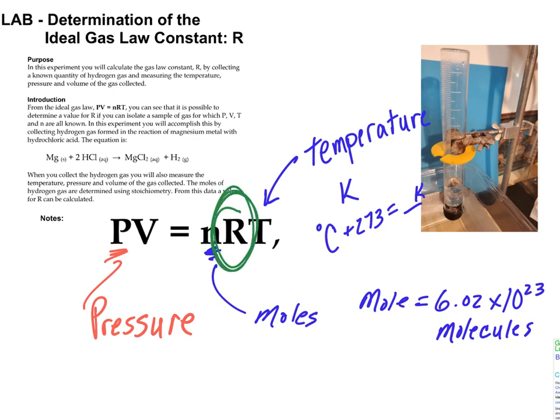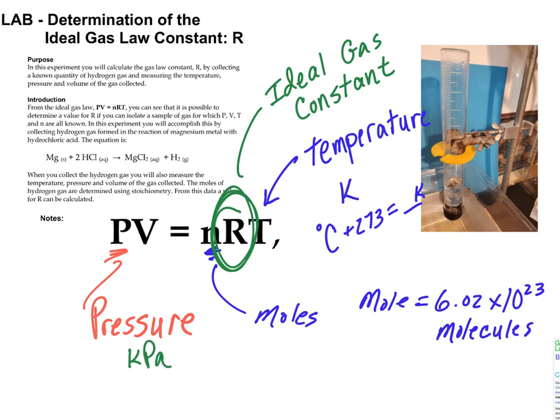R, of course, what we're trying to find here, is the ideal gas constant, which has a value that depends on what units you use. If we measure pressure in kPa, volume in liters, n in moles, and T in Kelvin, then the ideal gas constant should be 8.31 kilopascal times liter divided by mole divided by Kelvin.